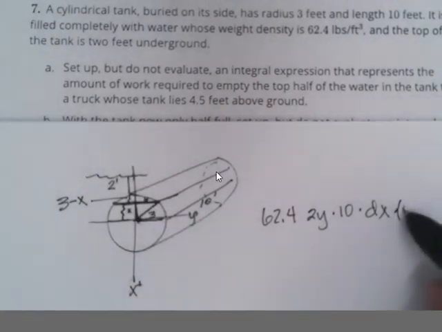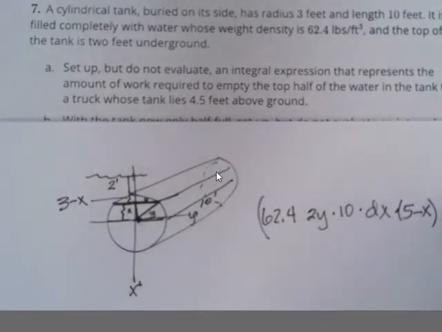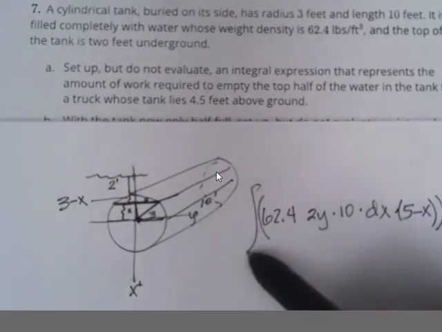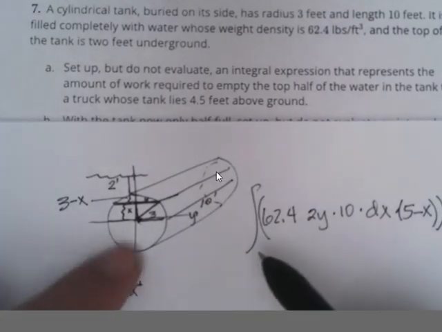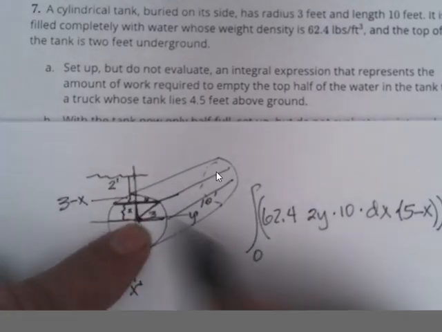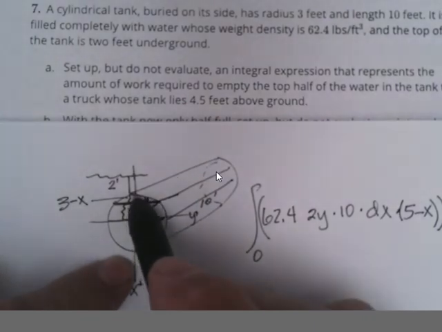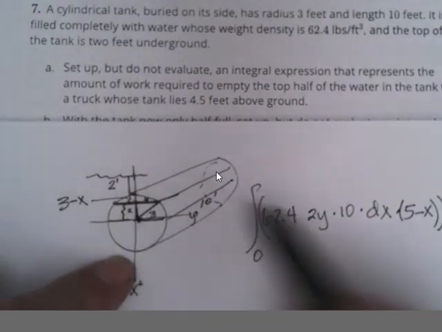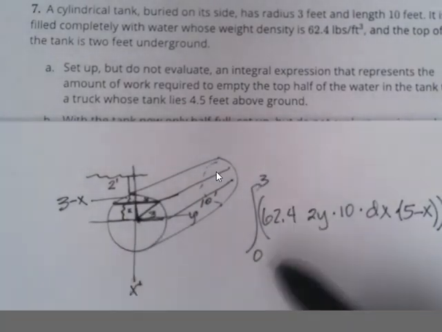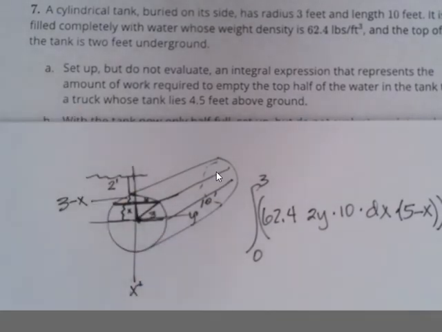So we're going to lift it 5 minus x. And we're going to integrate all of this from, we're just emptying the top part of the tank, so x is going to go from 0, we've got to move this layer, all the way up to here, which is up to 3. Got to remove each of those layers.